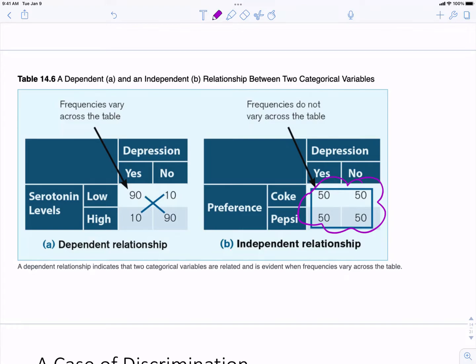However, if we saw data that looked like this, where the numbers were clearly not equal, we might say, it seems like there's an association between these variables. In other words, one variable might be dependent on the other, okay? And so we can see that the frequencies in the first example vary across the table, whereas those in the second example do not.